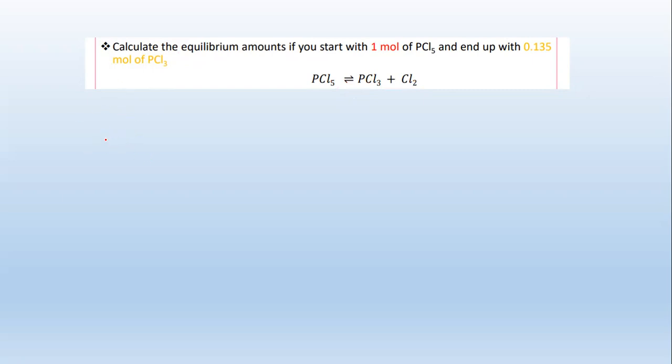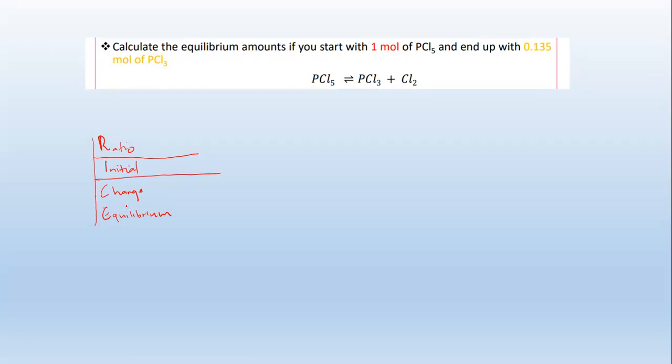Okay, so now remember, we're going to do our RICE table. For some, like I said, they call it ICE. Here it's ratio or reaction, some say initial, and then here we have change, or decomposition, or reacted, and then here we have equilibrium. So now let us draw up our table.